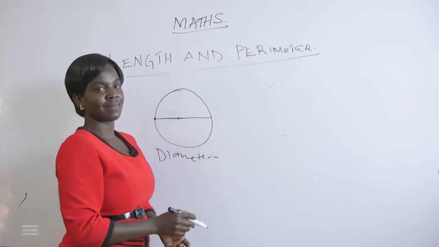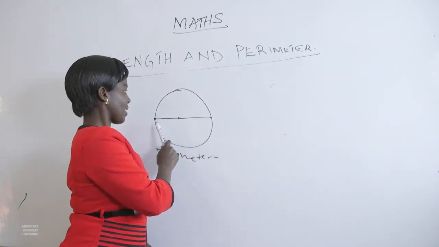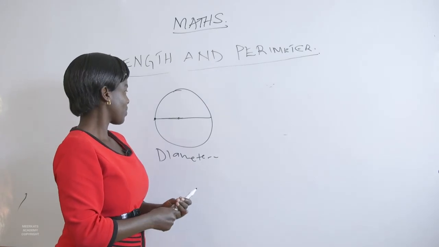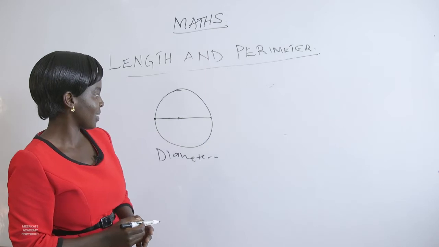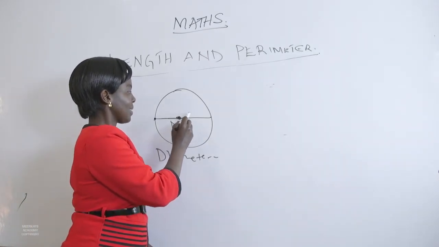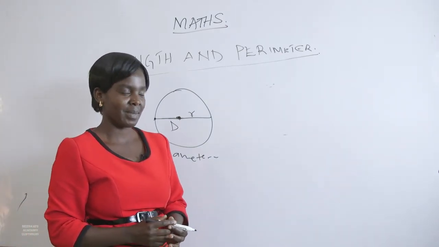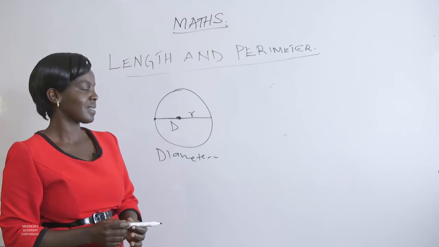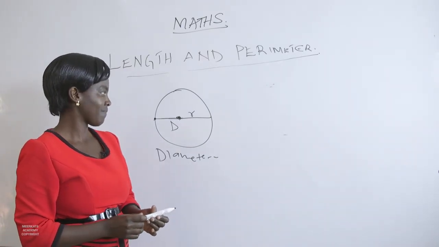The diameter is the distance between the circumference of the circle from one point to the other through the center. While the radius is half of the diameter.